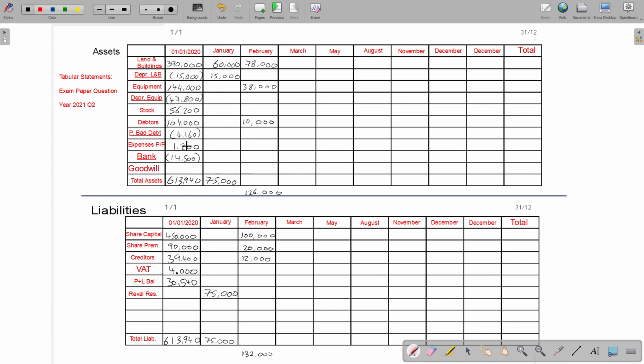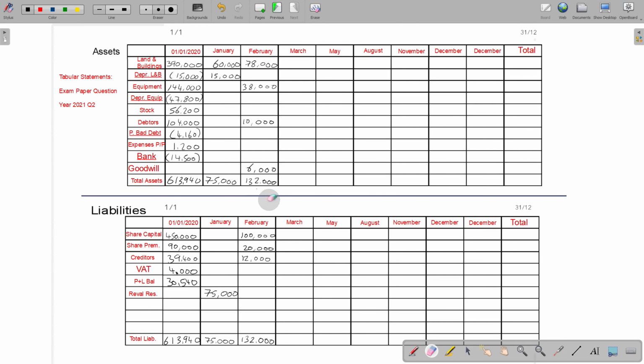So we are going to have to put 6,000 into goodwill as a way of making this 132,000 on both sides. Okay. And essentially, that is all we need to do there.